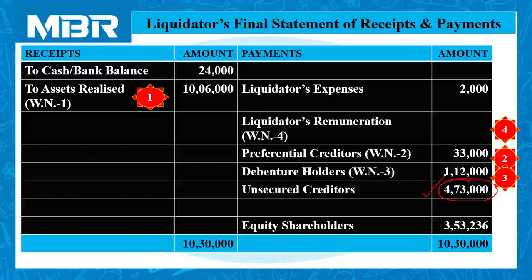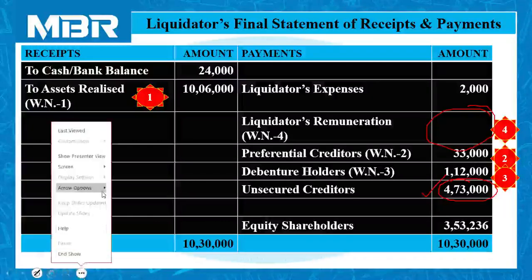Now in this statement, two items are remaining. The first item is liquidator's remuneration, and the second item is payment to the equity shareholders.